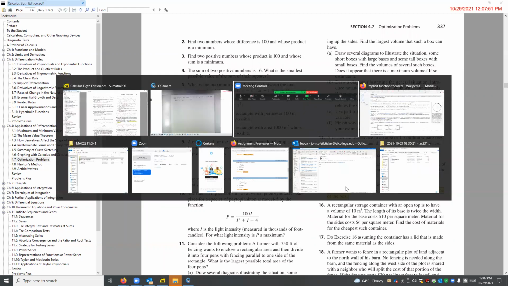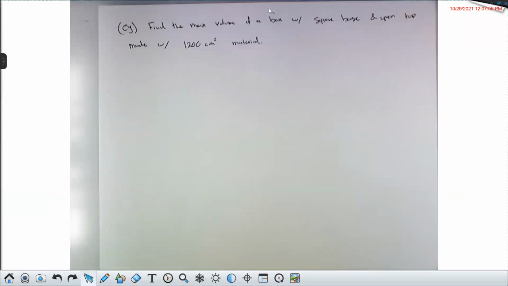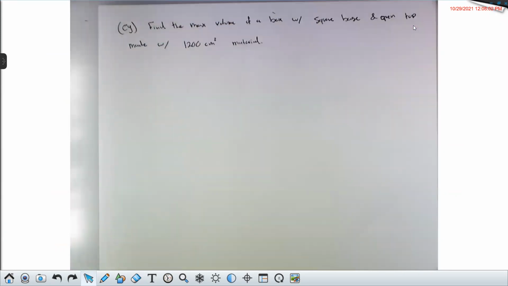All right, here we are. I'm going to find the maximum volume of a box with a square base and an open top that can be made out of 1200 square centimeters of material.